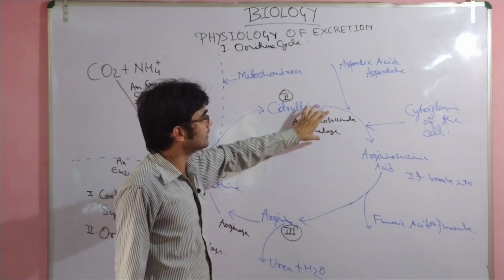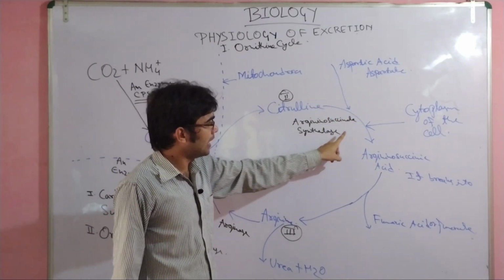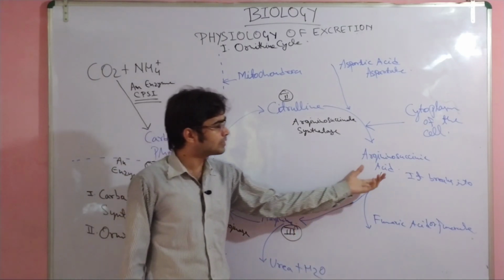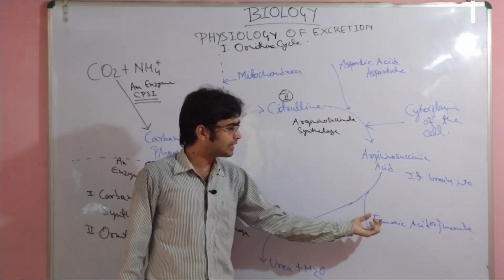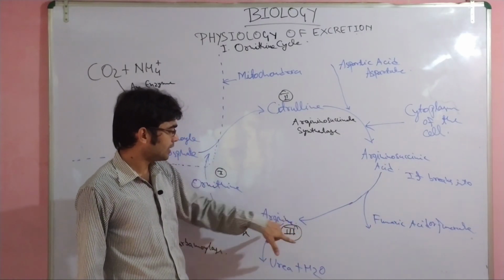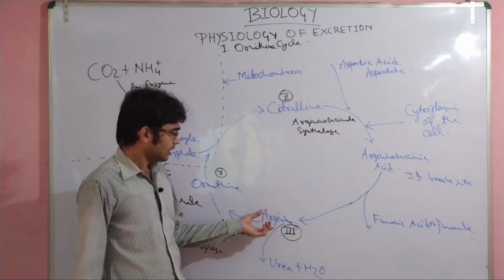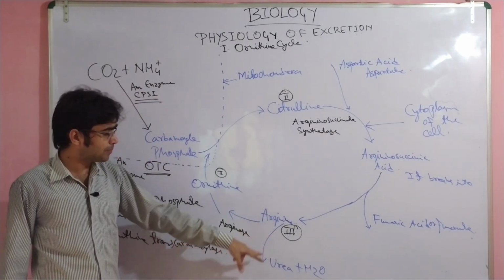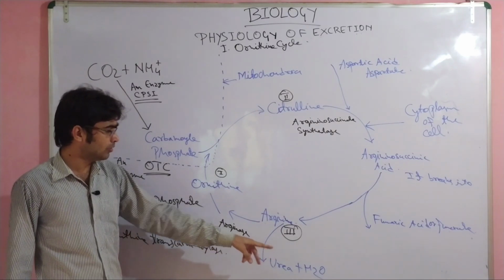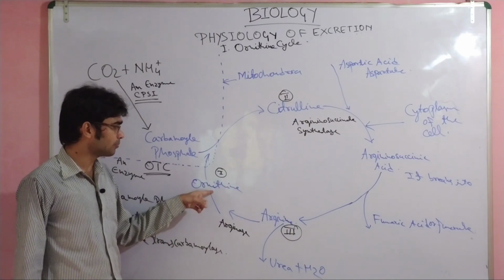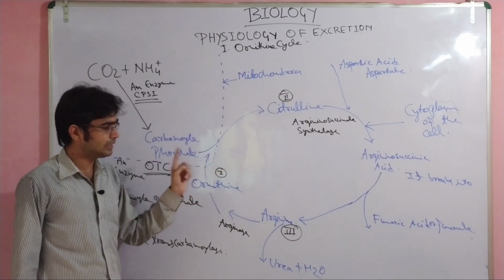This process takes place in the cytoplasm, and yields argininosuccinic acid. Argininosuccinic acid breaks into fumaric acid or simply fumarate and arginine. Again, this is an amino acid. This amino acid splits into urea and H2O. In the presence of the arginase enzyme, it forms ornithine, and this cycle will be continuous.